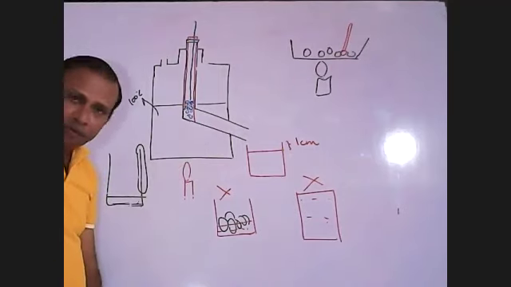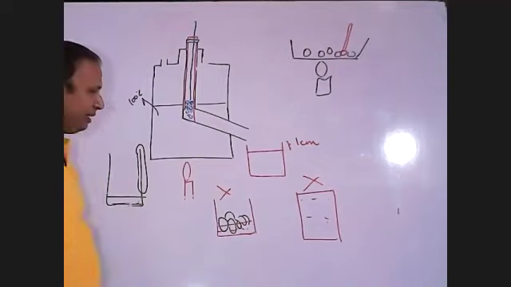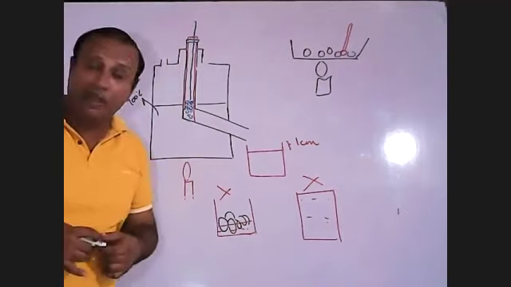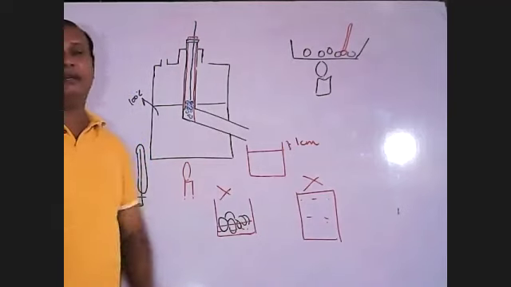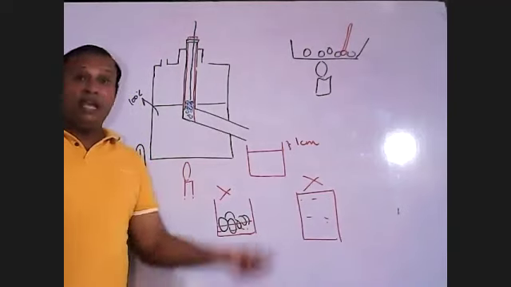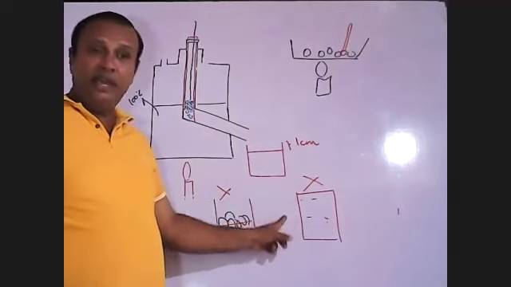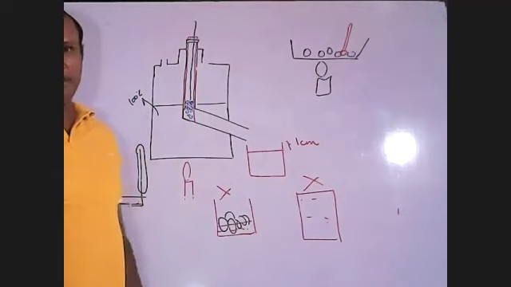If it is up to the maximum height, definitely the water and the entire surface of the calorimeter are in contact. If they are in contact, definitely the temperature can be equal on every side.